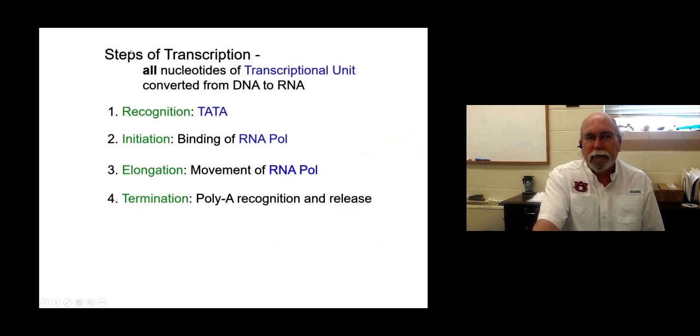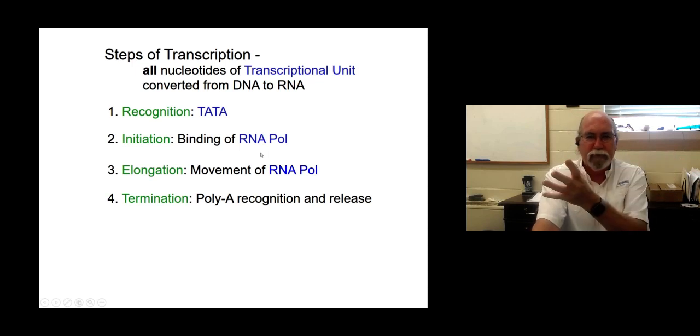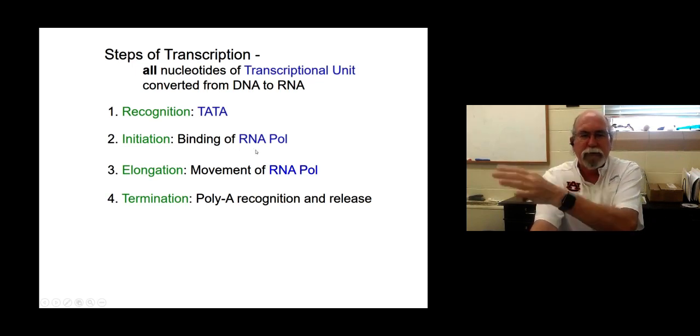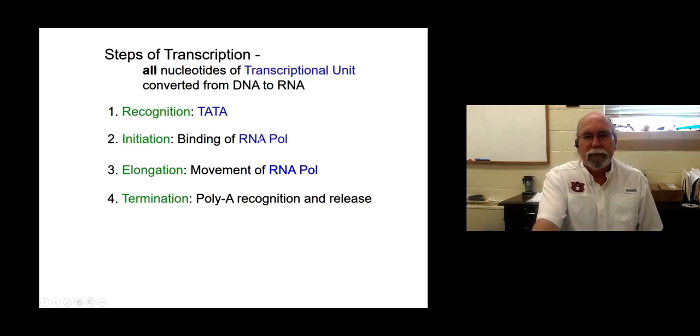So what have we talked about? We talked about recognition, which is recognizing the TATA, bringing in all the elements that are needed: TATA binding protein and all the complex there. Once that's established, you initiate by bringing in RNA pol, locking that RNA pol down with a cap. Then RNA pol starts to move away. It's downstream from TATA, moves down a few bases, and then initially starts to build the first bases of your message.